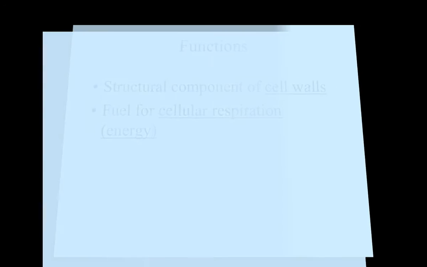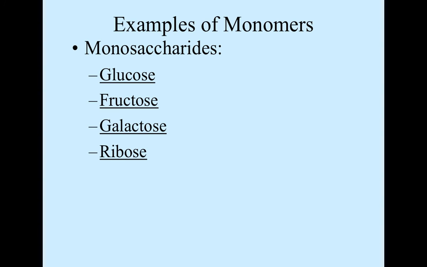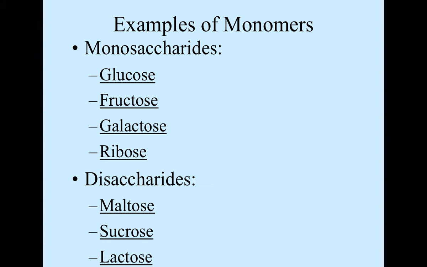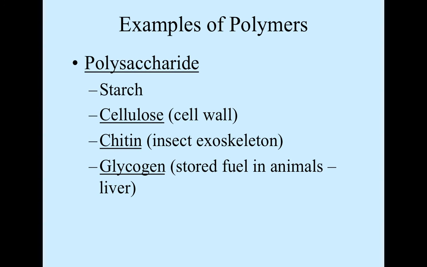So let's look at some examples. The monosaccharides, which are our monomers, would include things like glucose, fructose, galactose, and even ribose. Disaccharides would include things like maltose, sucrose, and lactose. And then the polysaccharides, which are our polymers, would be things like starch, cellulose, which makes up the cell wall in plants, and chitin.